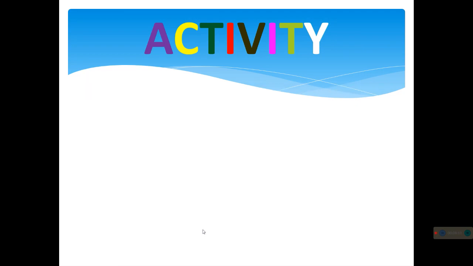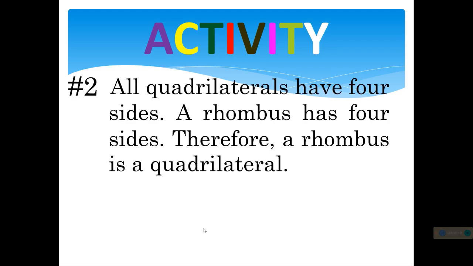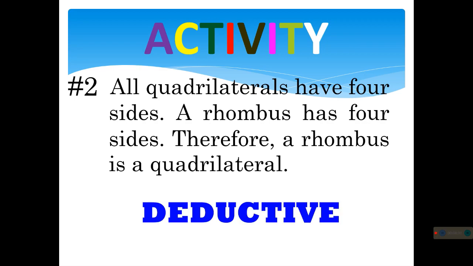Next, we have number 2. All quadrilaterals have 4 sides. A rhombus has 4 sides. Therefore, a rhombus is a quadrilateral. So what kind of reasoning do we have here? Okay, that's correct. That is deductive. Why? Because you already define quadrilaterals, wherein all quadrilaterals have 4 sides.